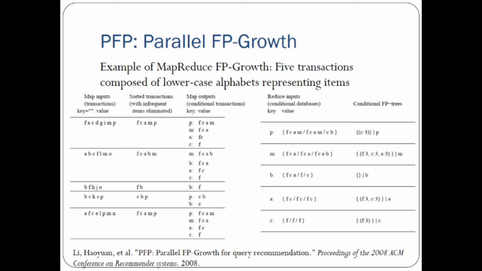And then for the second row, you do the mapping where the key is M and you have F, C, A, B as the value. Then B as the key and F, C, A as the value. Similarly for A and C you have done, and then you process the fourth, fifth and sixth.